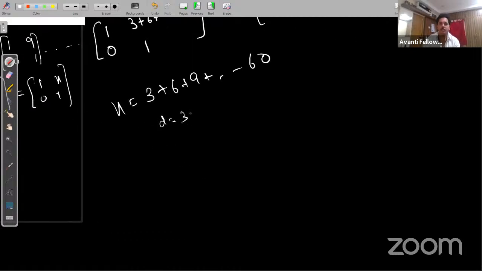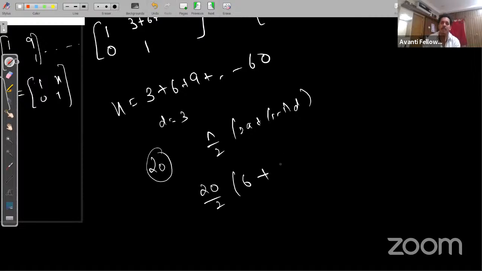So what is the sum of n terms in an AP? Total n is 20, I think, right? So it is n by 2 into 2a plus n minus 1 into d. So what is n? 20 by 2 into 2 times 3 plus 19 into 3.